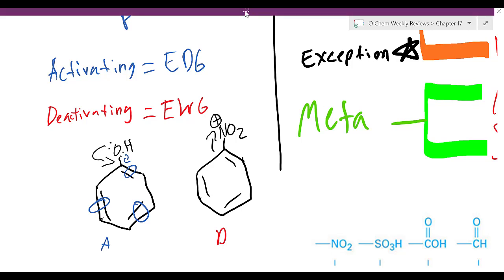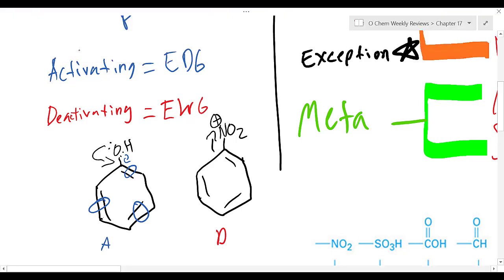Now, looking at deactivators, HNO3 is a very great example of a strong deactivator, and we'll talk about different groups and how to recognize activators and deactivators in a little bit. But HNO3 is a strong deactivator. It's going to demand electrons to satisfy its positive charge.